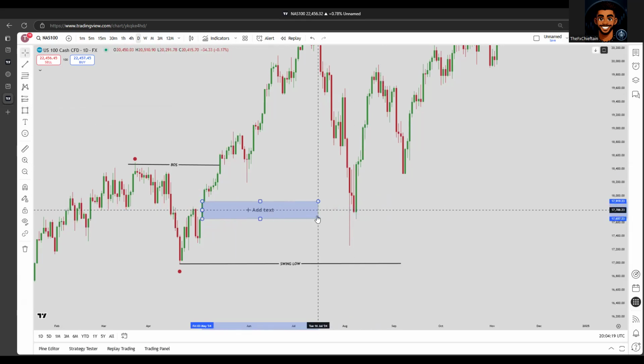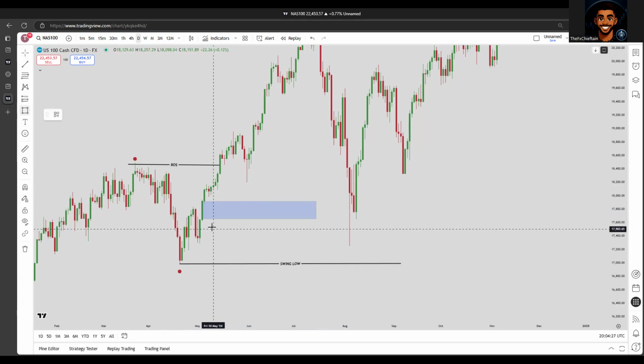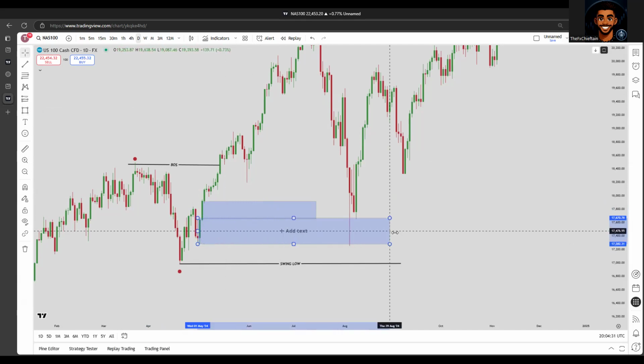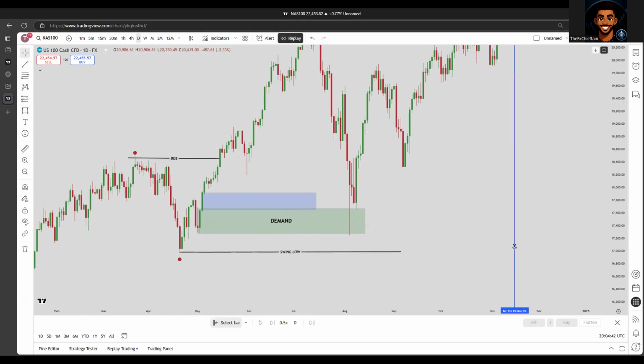Under that area, you can see the last candle before the aggressive candle that broke smaller structure and broke a higher structure. This is seen as your order block, the whole of this range. Let me take it as your order block, your demand zone. This one is going to be in green. We see it as demand, and at that point is where you get your entry. So it's as simple as that.